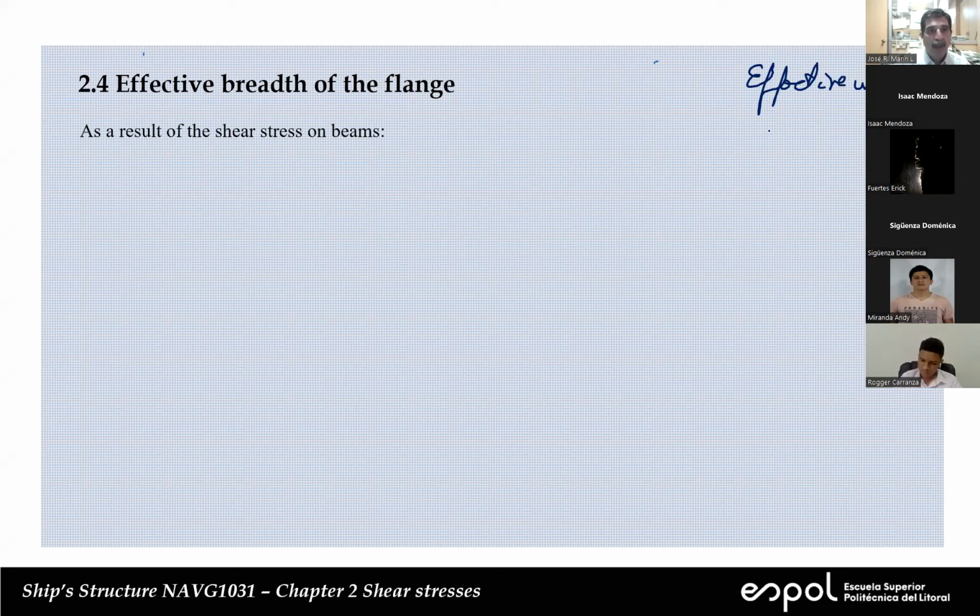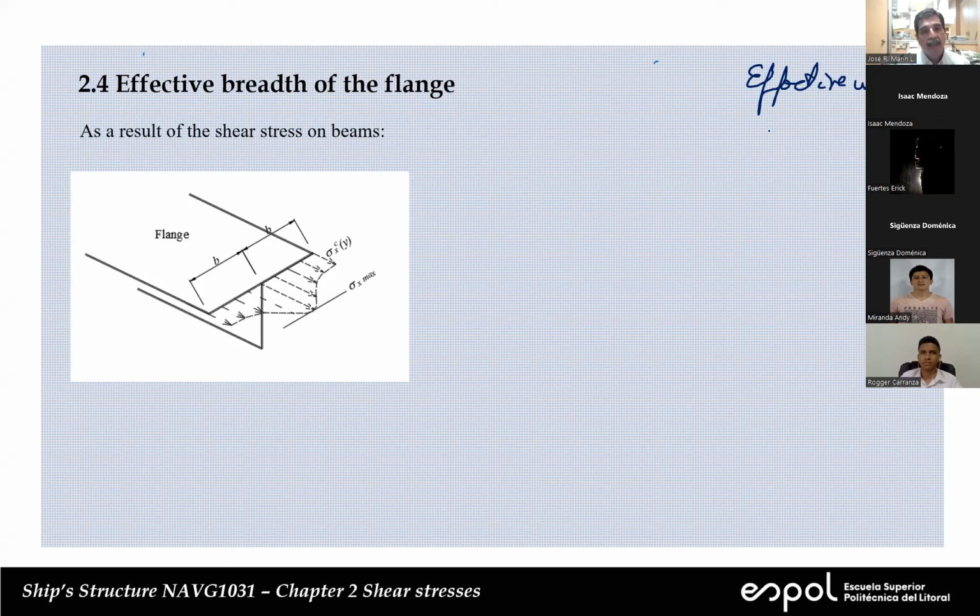Okay, now, this is a result of the shear stress. Some authors include the word shear lag. And what it means is that, as you can see here, this is the real normal stress distribution in a beam.